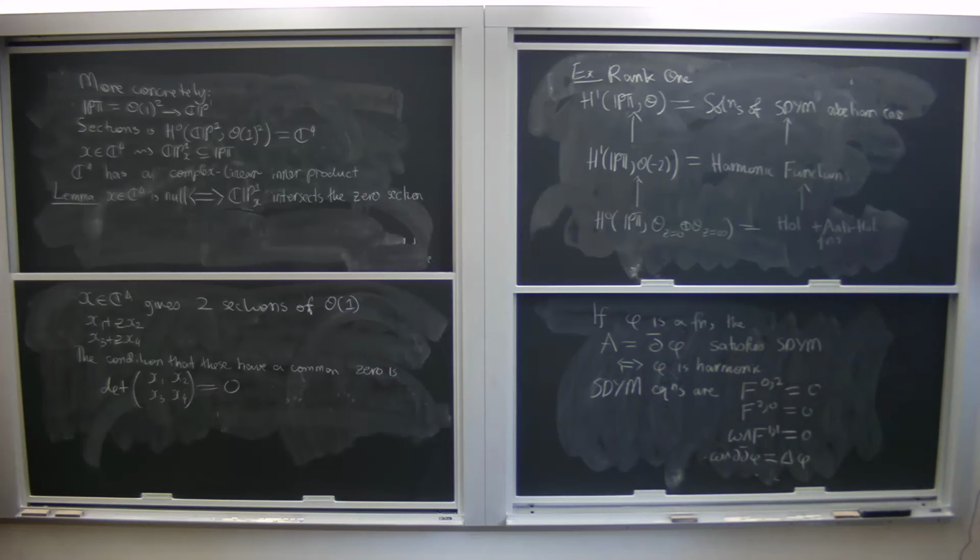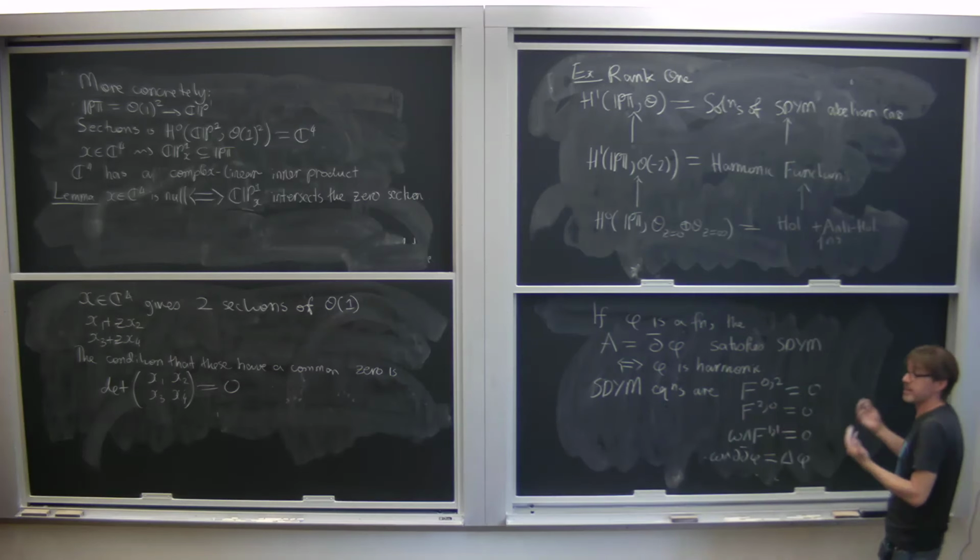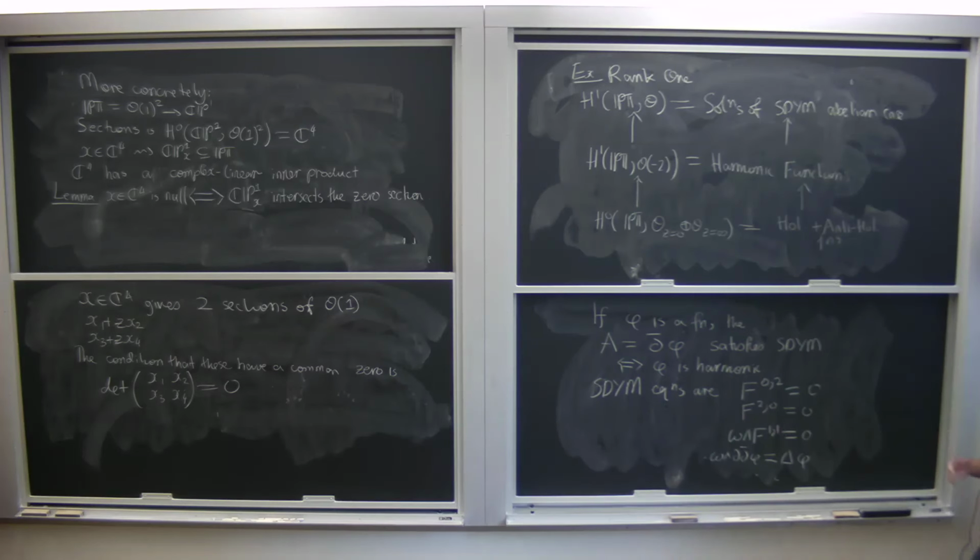Well, when you're saying the solutions of this equation, you can see them up to what? It's a connection up to C infinity gauge transformations, yeah. But I think that if you add to this thing a holomorphic function, then it doesn't change.